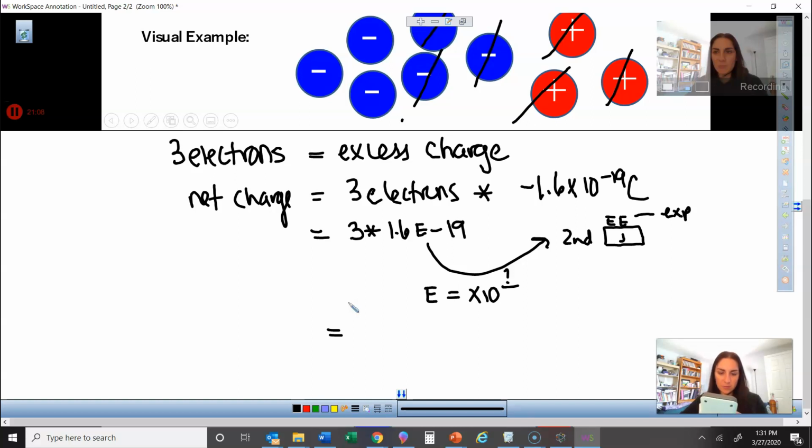Oh boy, this is what happens. Hold on. All right. That's the wrong button, sorry. E to the negative 19. Okay. The answer is 4.8 times 10 to negative 19 coulombs. That's my net charge of the pile of charges there.